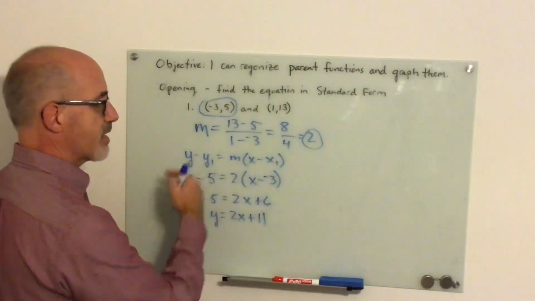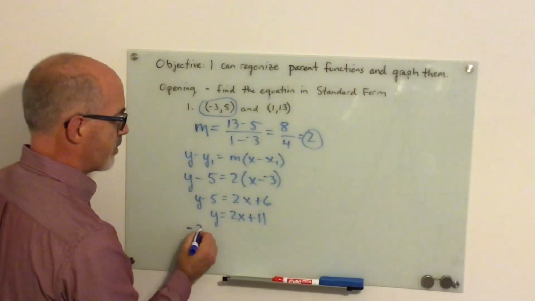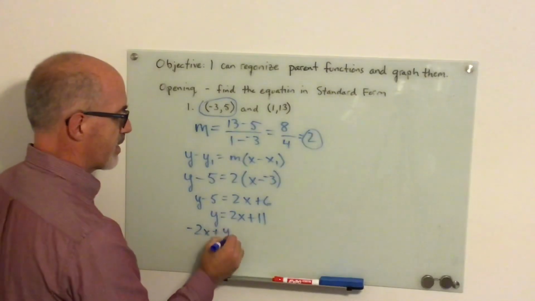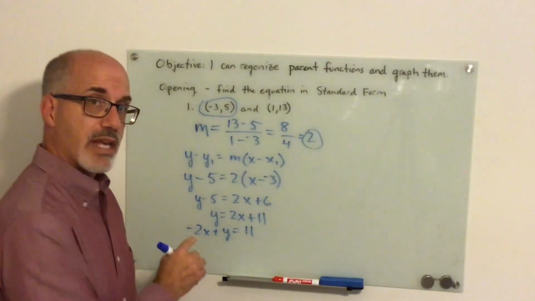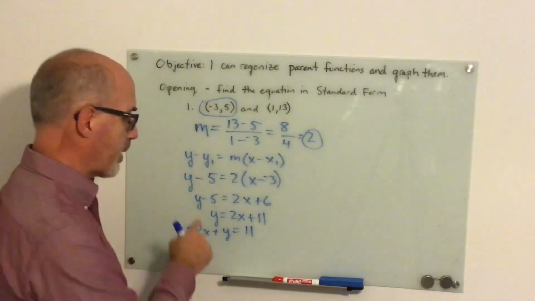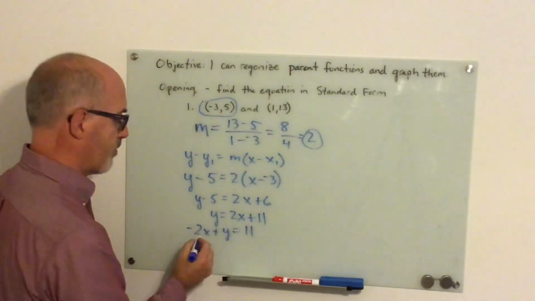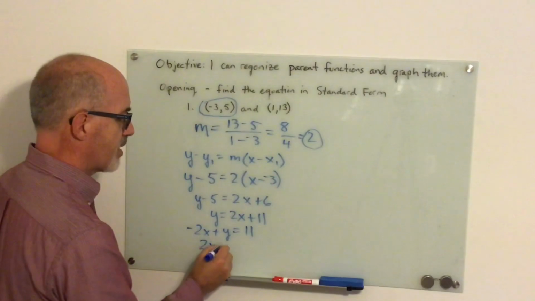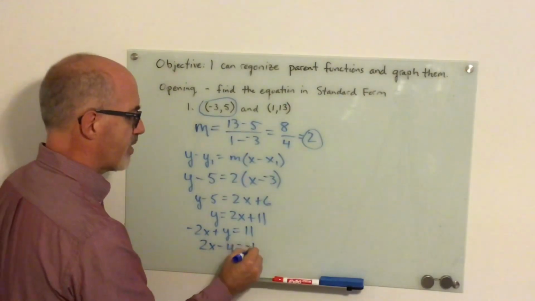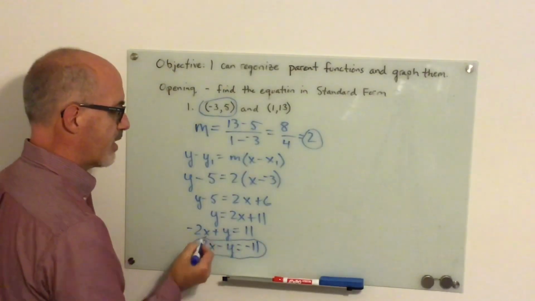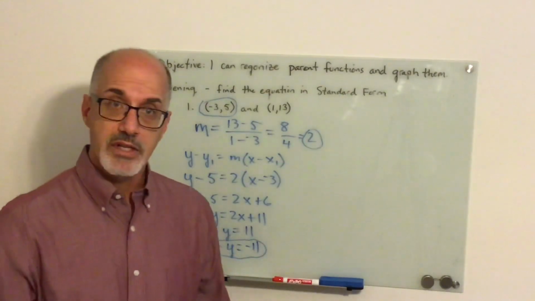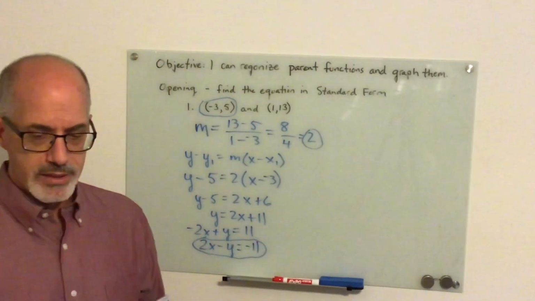We want to get the x on the other side, so we subtract 2x from both sides. And then we can't have it start with a negative, so in standard form we multiply every term by negative 1. So we get 2x minus y equals negative 11. There is our equation in standard form of the line that goes through those 2 points.